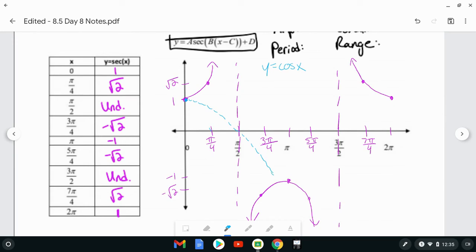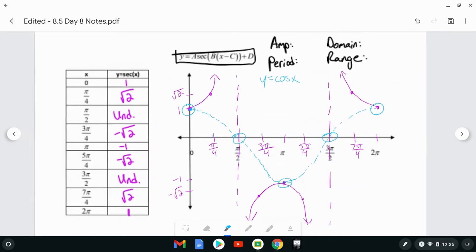You're going to bottom out at pi, because cosine of pi is negative 1, and then you come back up, and you're going to max out at cosine of 2 pi, which is 1, and then you're going to restart your graph. So just like the other one, the maxes and mins of the cosine are the maxes and mins of the reciprocal function. They're just flipped outward. And then the x-intercepts of cosine are going to be your asymptotes of secant.